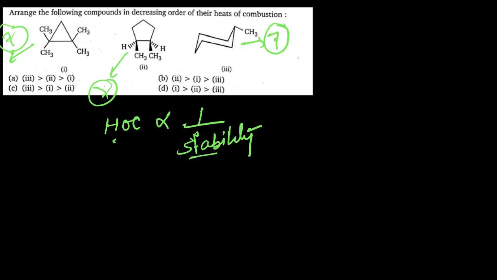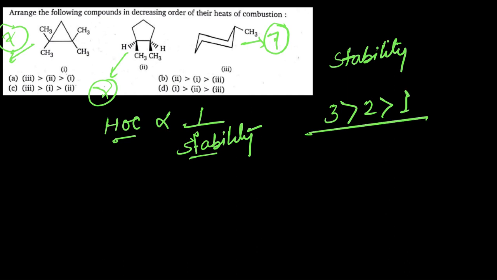So stability and HOC will be inversely proportional. And students, stability will depend on, I can say, 3 is more than 2 more than 1 due to angle strain. So HOC will be 1 greater than 2 greater than 3. So D is the correct option.